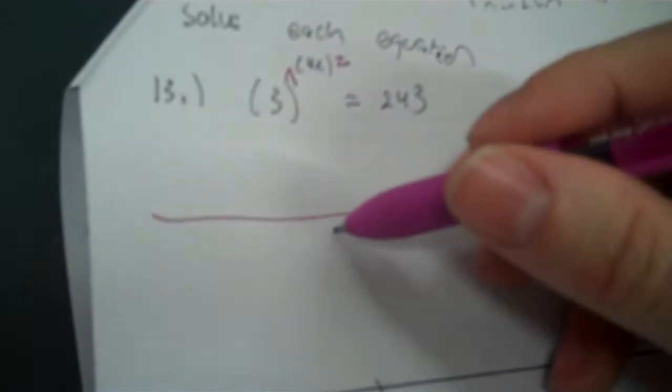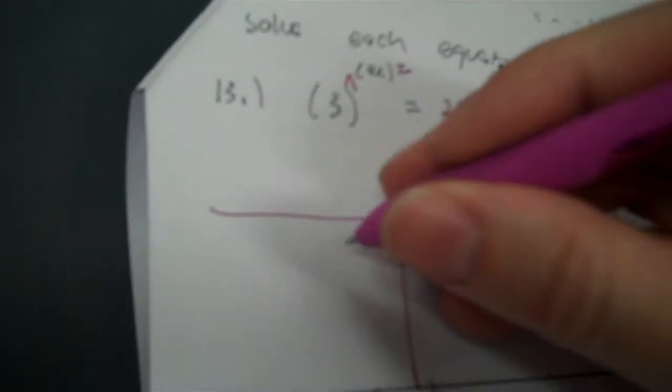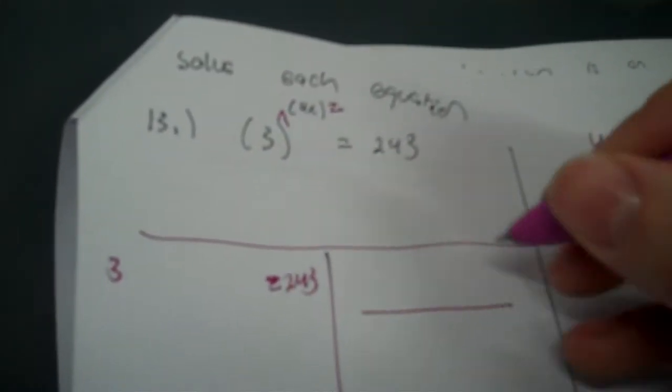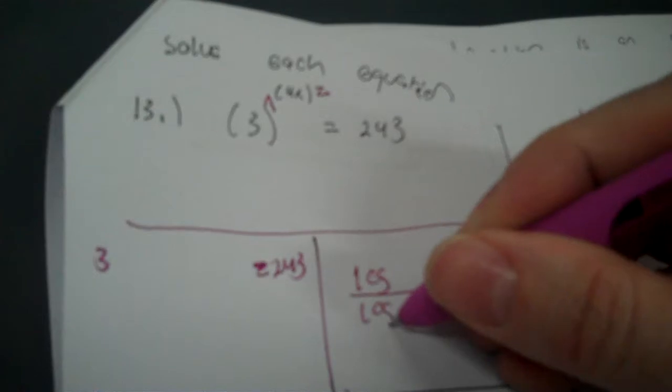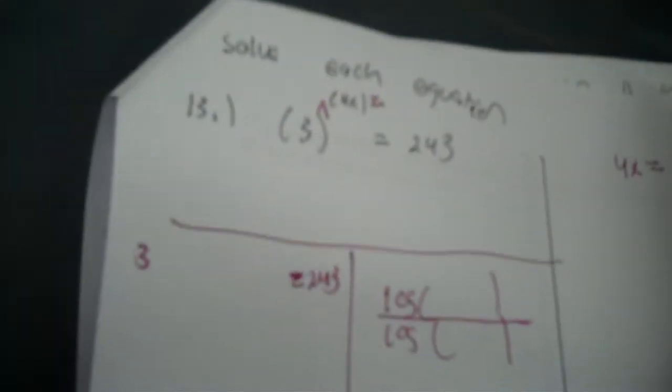Now, the two ways you can accomplish this is multiply a bunch of 3's out till you're at 243, or if that doesn't work, we can use the log over the log. These are our two basic things that we would do here.